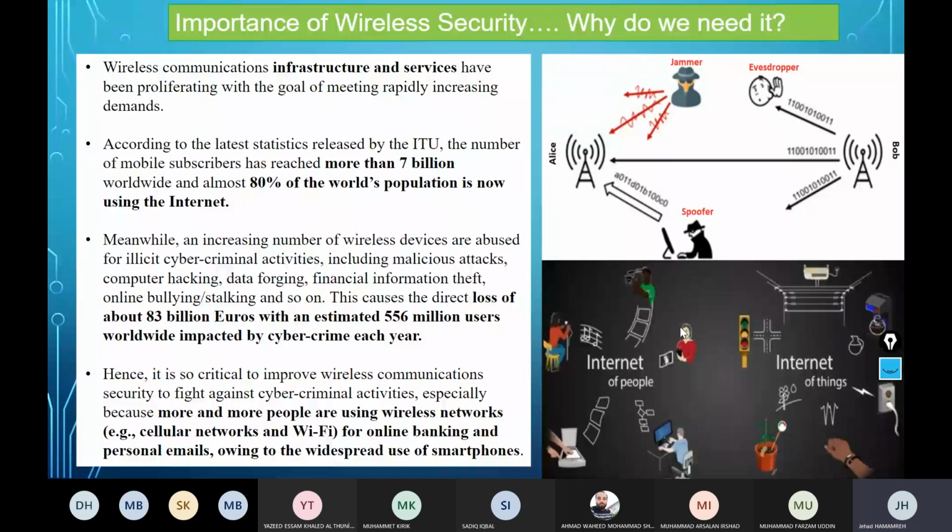Everybody should, and especially the companies and institutions and the future engineers, should pay much more attention to the security of wireless, because our data, our everything in life, starting from social media applications, messaging applications, financial data, whatever, is all being transferred wirelessly to the network using Wi-Fi or LTE or 4G or whatever.